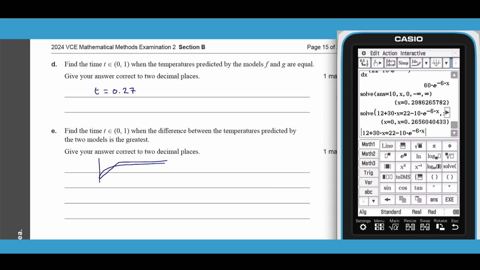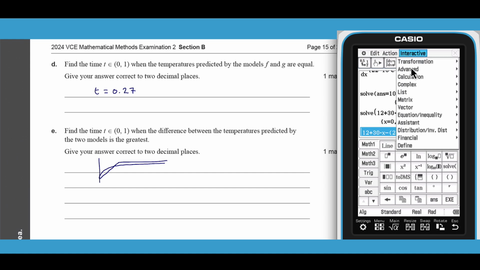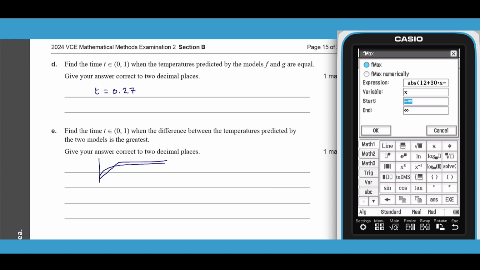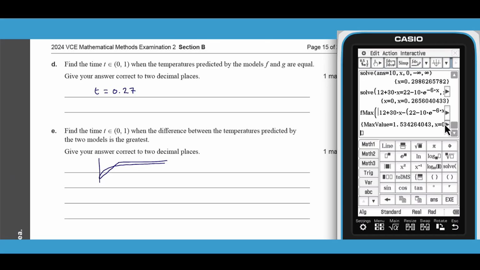Now I'll replace that equals sign with a negative, and pop brackets around the f of t part, and it is time to swipe an f max. I'll need to limit my x values to between 0 and a third, and tapping OK, I can see that the time value of interest is 0.12 to 2 decimal places.